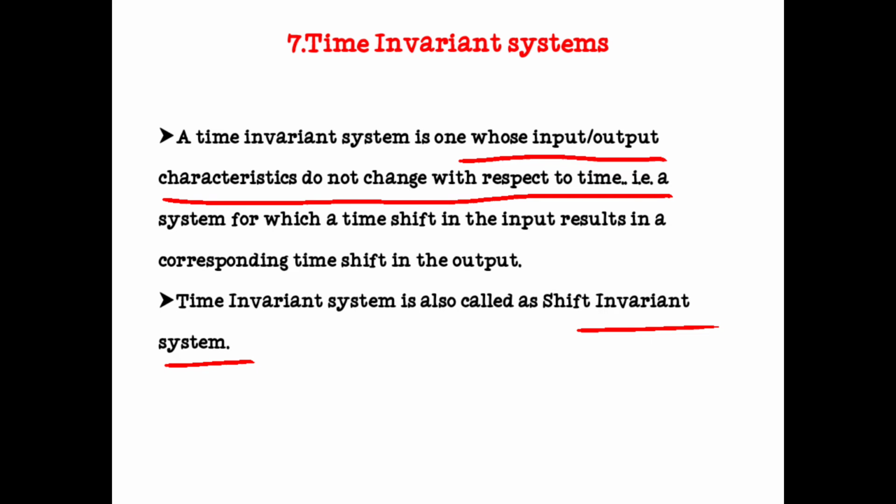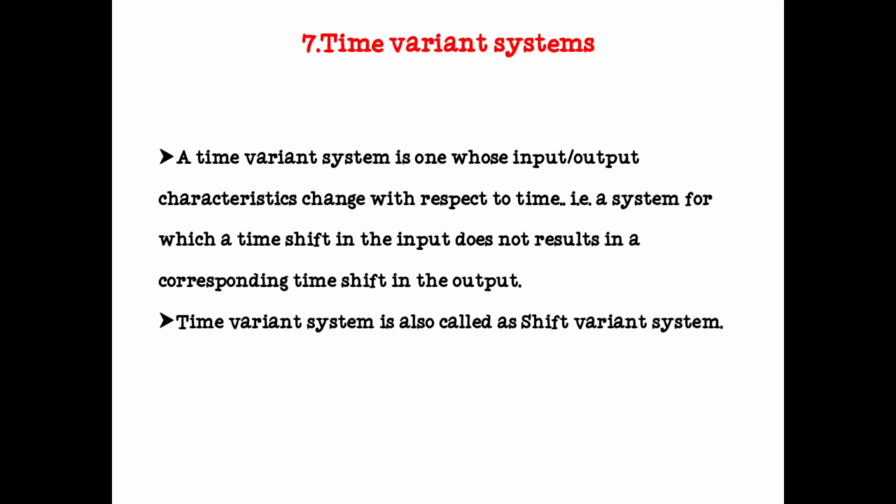That is a system for which a time shift in the input results in the corresponding time shift in the output. That is, if there is a change in the input, there will be a corresponding change in the output also. That system is called time invariant.